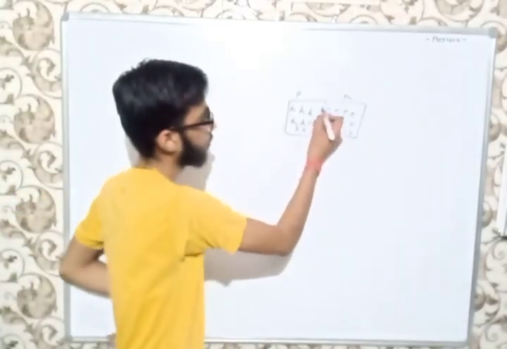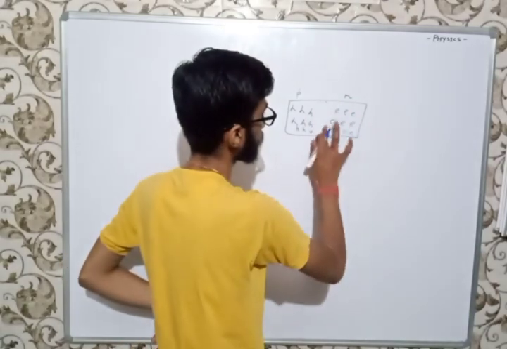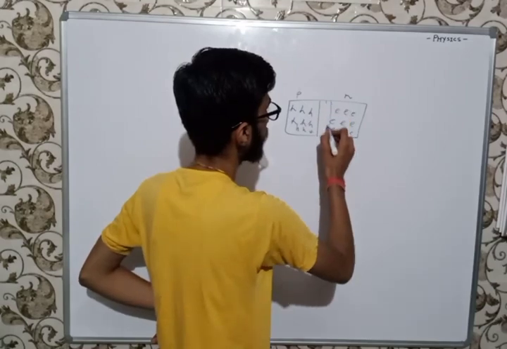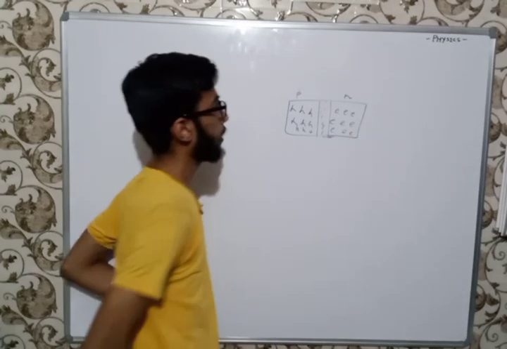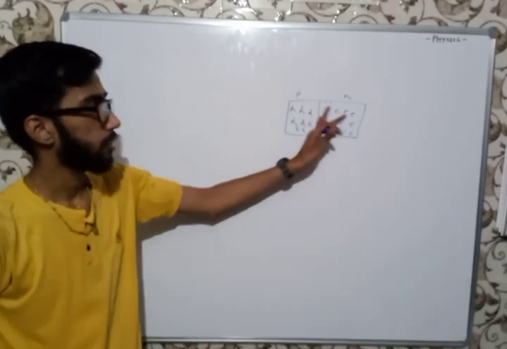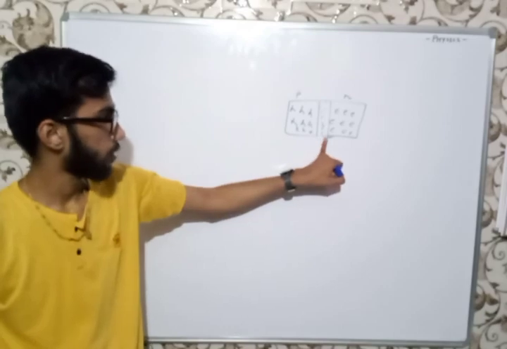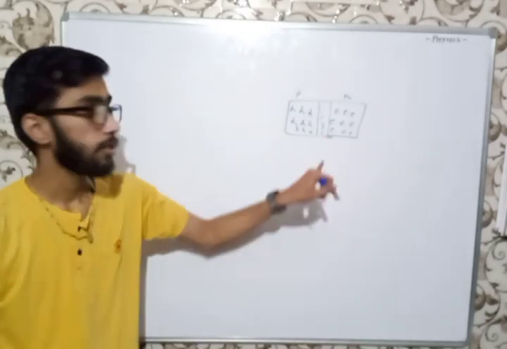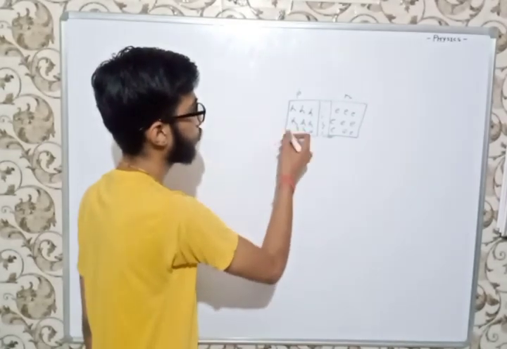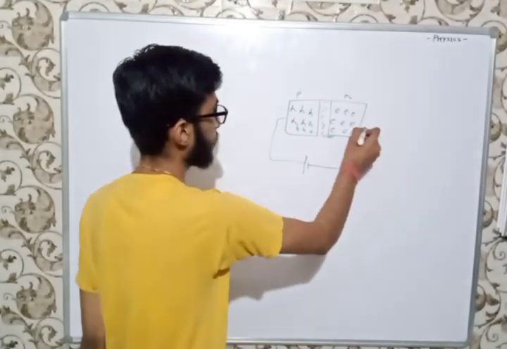The polarity changes like this, and there is a region called the depletion layer, and there is an electric field due to the separation of charge. Across this region, it is called the junction field. The electric field is there, and if you bias it through a battery, it is called forward bias.